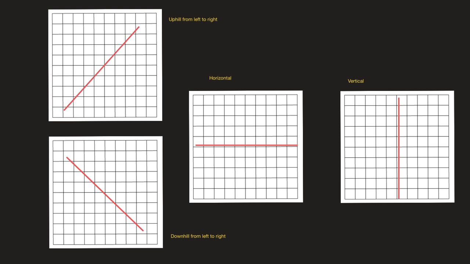That is going to be associated with a positive slope. If the line is uphill, that means we should expect a slope that is positive. And where does that come into play?